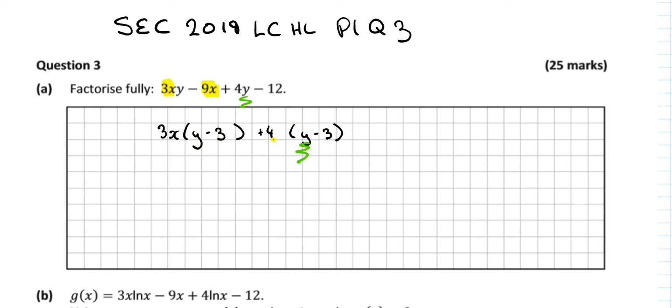Let's try plus 4. Minus 3 by something is minus 12. Minus 3 by minus 4 is minus 12. So that works perfectly. So then to continue factorising, as the two brackets are the same, we can go that it's 3x plus 4 by y minus 3.